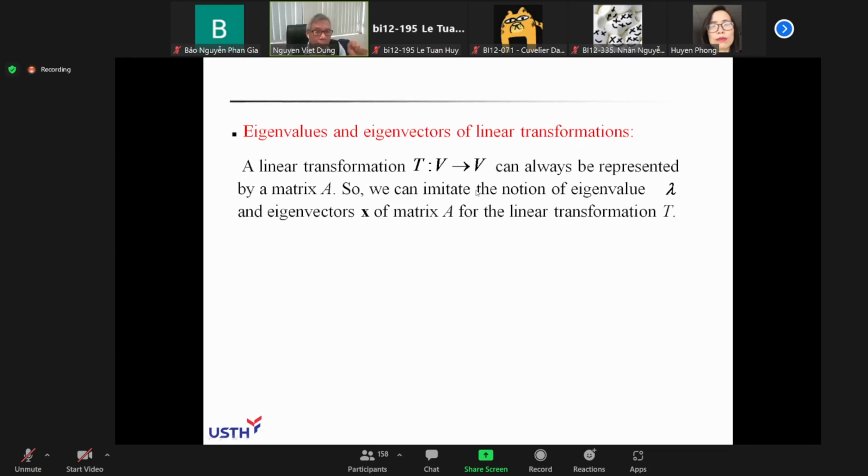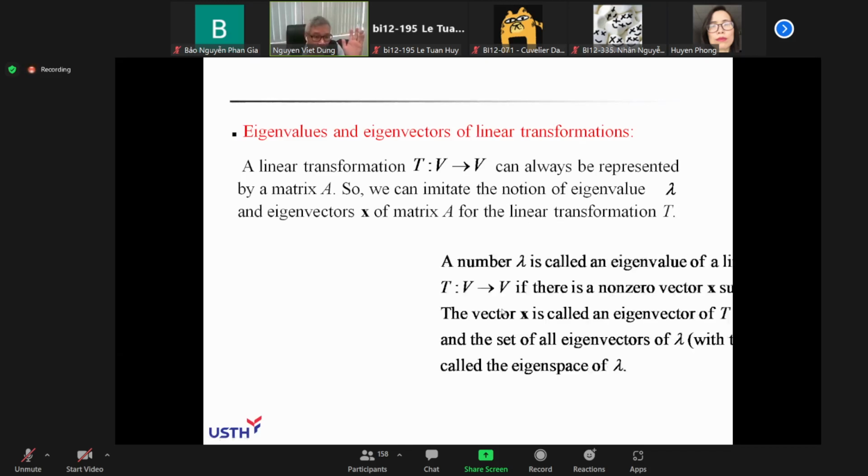Then T can be given by a matrix A. And because of that, we can imitate the notion of eigenvalue lambda and eigenvector x of the matrix A, and we borrow it and define similar things for any linear transformation T. It can be done as follows.